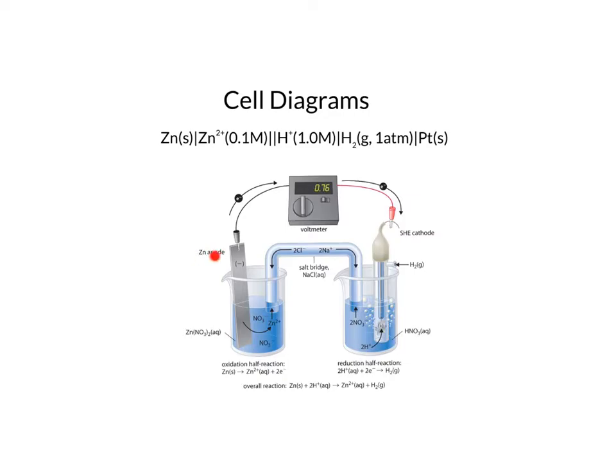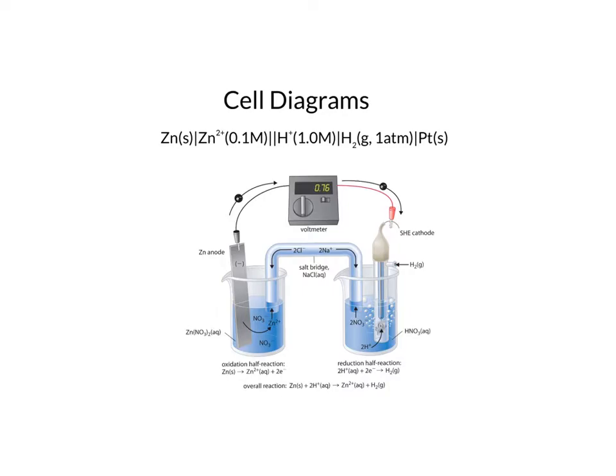So we have an anode and we have a cathode. At the anode is where the oxidation half reaction occurs. It's the anode because electrons are being produced, and so this electrode is going to be negative in nature, and the electrons are going to move away from that negative charge towards the cathode, which will be positive in nature because we're using up electrons in this half reaction, removing electrons and leaving a positive charge.